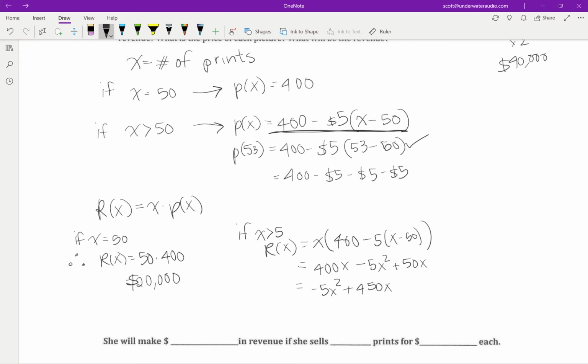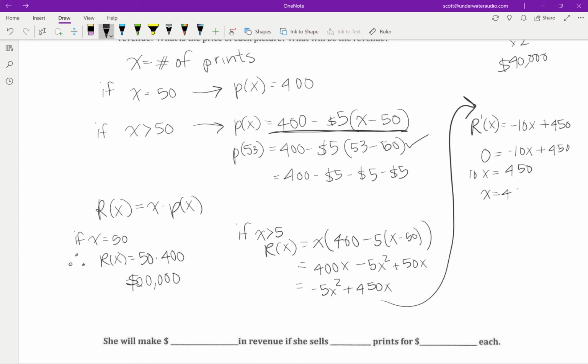So if I want to maximize, I need to take the derivative and set that equal to 0. R prime of x equals negative 10x plus 450. I set that equal to 0, add 10x to the other side, divide by 10, get x equals 45.